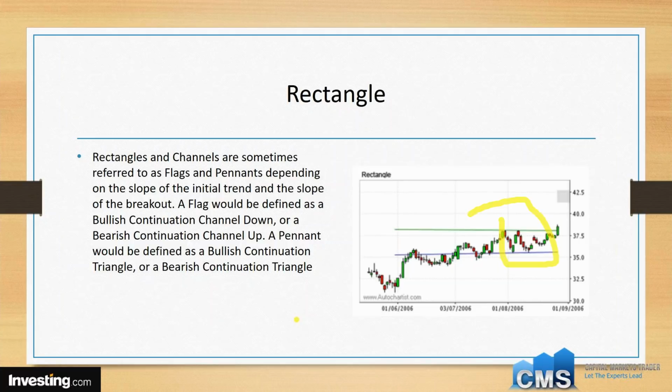They're sometimes referred to as flags and pennants. So a flag would be defined as a bullish continuation channel down, or a bearish continuation channel up. A pennant would be defined as a bullish continuation triangle or a bearish continuation triangle.